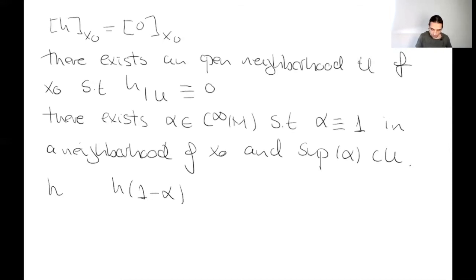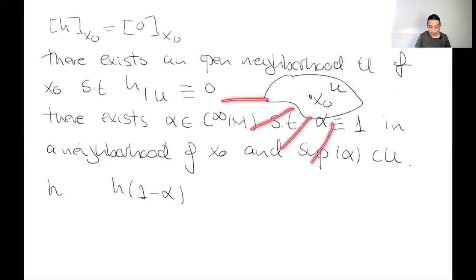So we have x0 in some open set U, and 1 minus alpha is equal to 0 in the neighborhood of x0, and it's equal to 1 outside of U. So outside of U, this is equal to 1, and we have equality of these two functions because 1 minus alpha outside of U is equal to 1. And in U, h is equal to 0. So we have equality too, because these two functions are 0 over U.